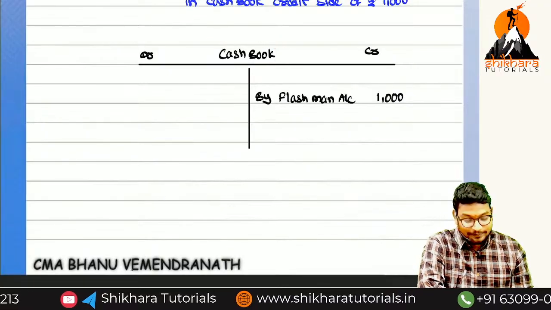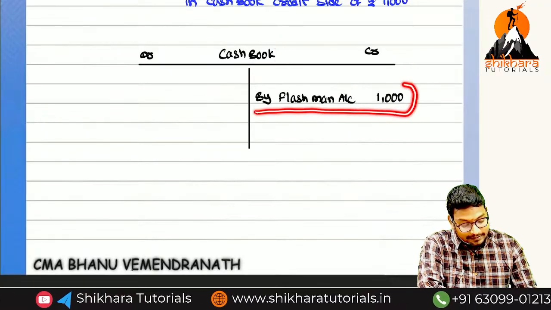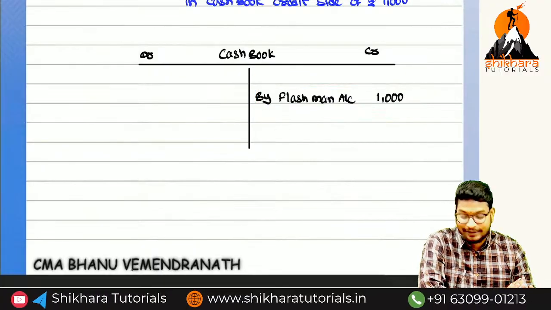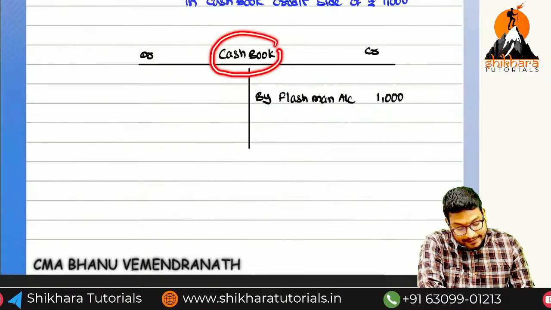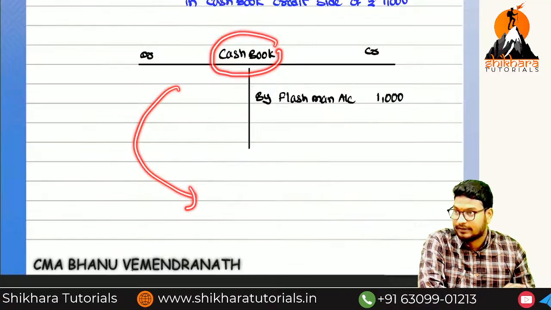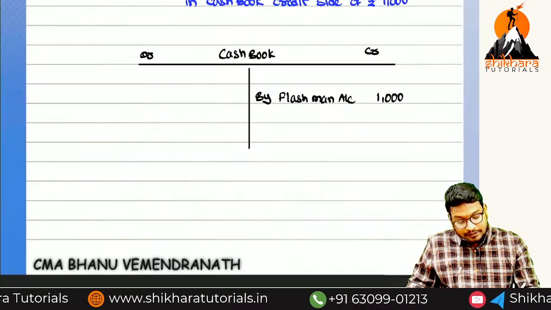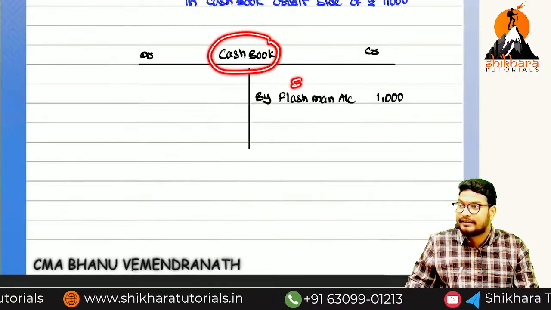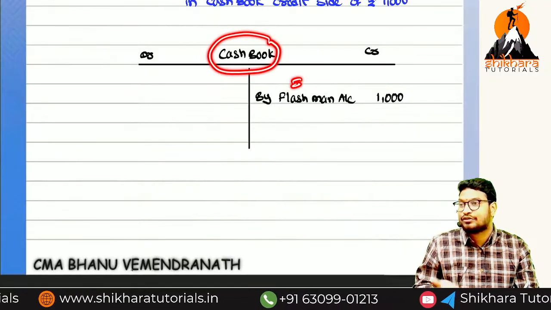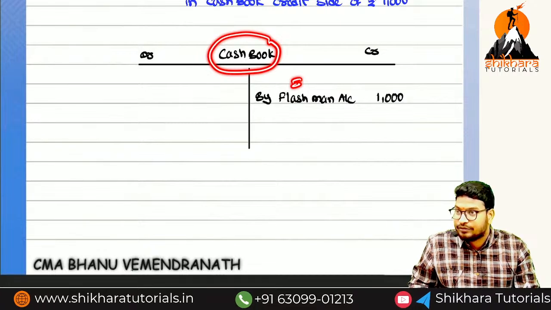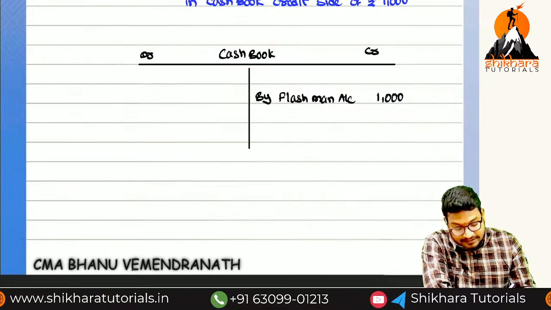Cash book. Now we are writing from ledger to journal. By way of seeing the ledger, we are writing the entry. So the cash book is credited, so cash should be credited. What is the entry coming to the picture?